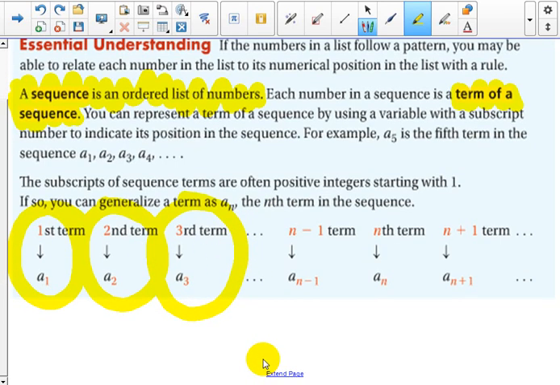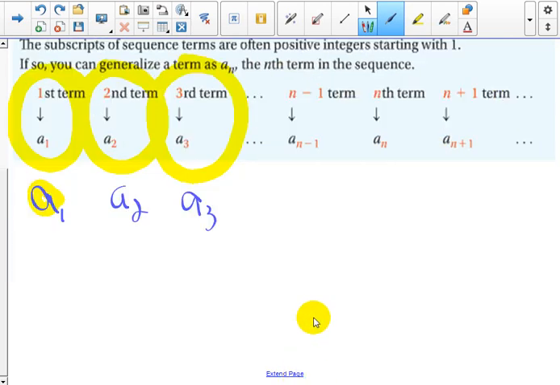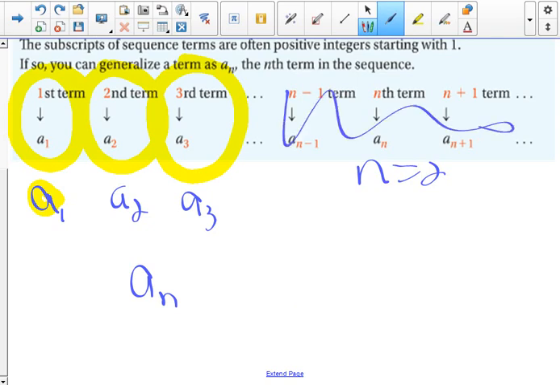So now we have the first term, second term, third term as a sub 1, a sub 2, a sub 3. Now what if we take away the 1, 2, 3 and we just represent them with n's? So I'm going to represent this with a sub n, and I'm going to let n equal 2. Ignore all this stuff right here.